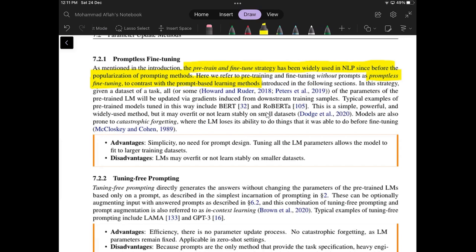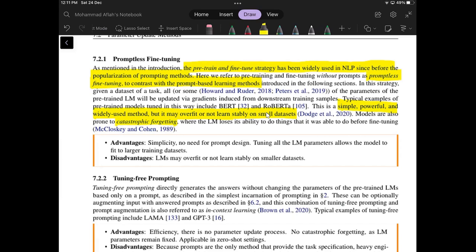So, like sentiment classification. Typical examples are BERT and RoBERTa. This is a simple, powerful, and widely used method, but it may overfit or not learn stably on small data sets. Models are also prone to catastrophic forgetting, where the language model loses its ability to do things that it was able to do before fine-tuning.